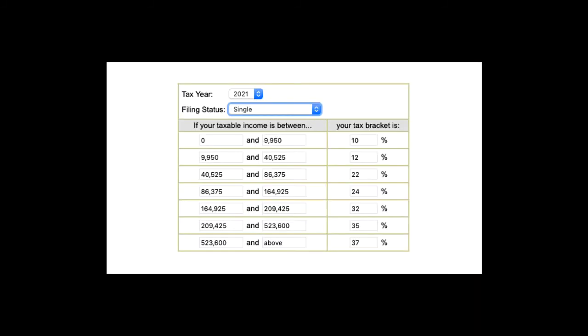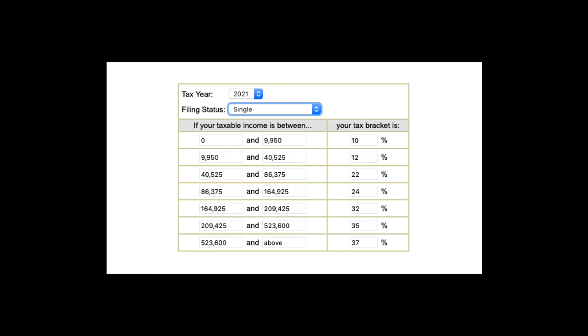So here is an illustration of 2021's different tax brackets based upon filing as a single person. If you're a single person filing for the tax year 2021, then you can see the different brackets of income and the amount of tax you'll be charged on that. So take a look at this slowly.